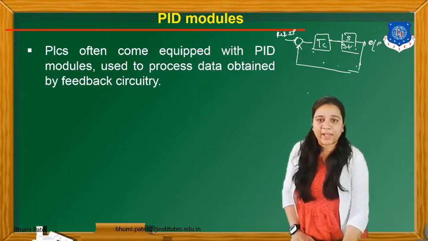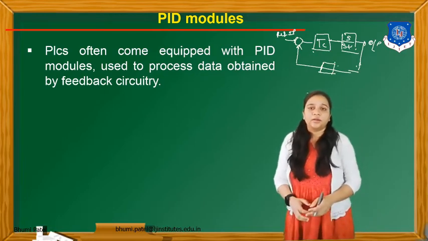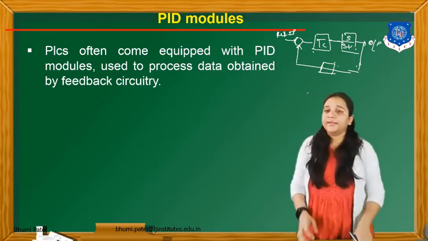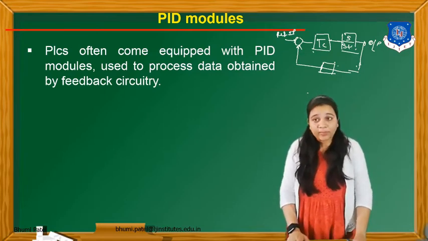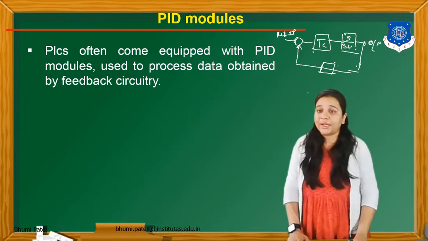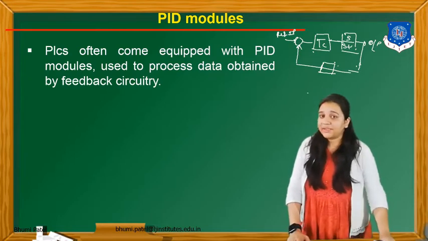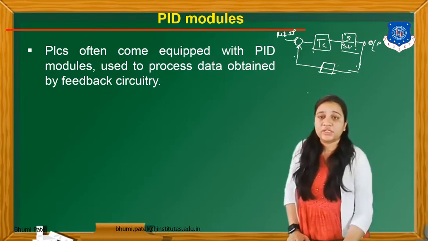In the feedback we can connect some type of sensor, or a temperature sensor. So PLCs often come equipped with PID modules used to process data obtained by the feedback circuitry. So the closed loop system is compulsory for the PID module.